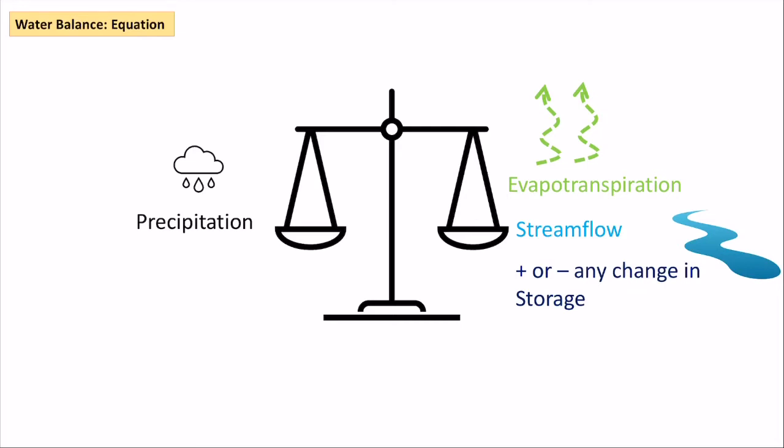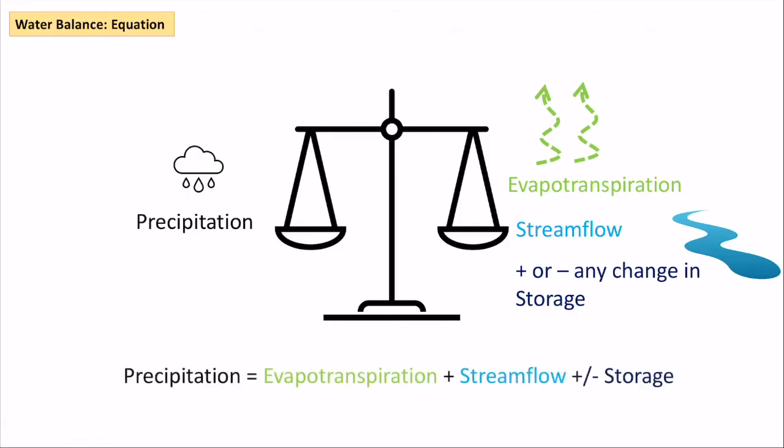So the storage, things like lakes, but also under the ground in terms of groundwater, whether they change over time. And so we get this water balance equation. The water balance equation is simply precipitation should be equal to the amount of evapotranspiration, stream flow, and any changes in storage. If those are both equal, then we have water balance.